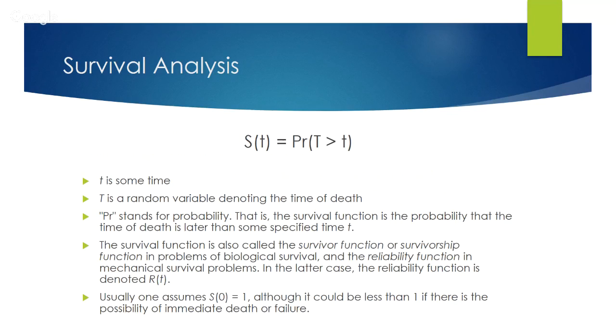The survival function, in this case, is also called the survivor function or survivorship function. That's mostly for biological survival, and the reliability function in mechanical survival. In that case, the reliability function is R(t). So usually what we're going to assume is S(0) equals 1. It could be less than 1 if there is the possibility of imminent death or failure.